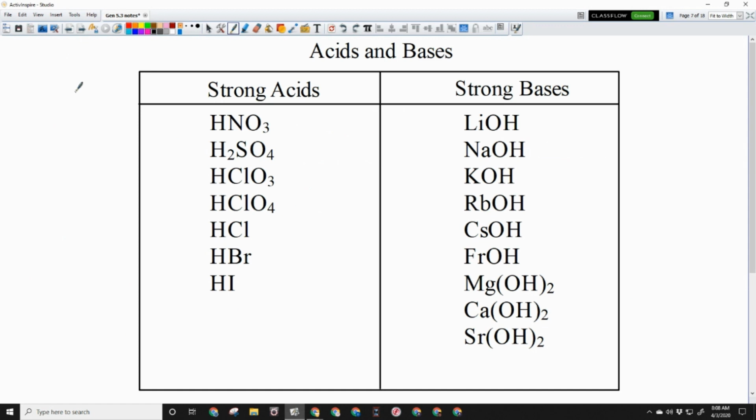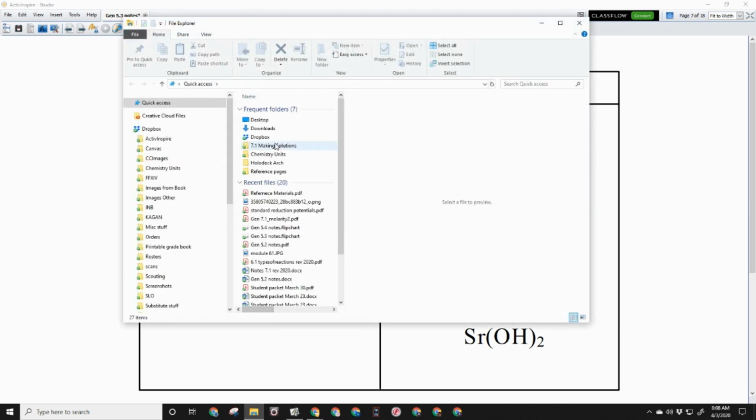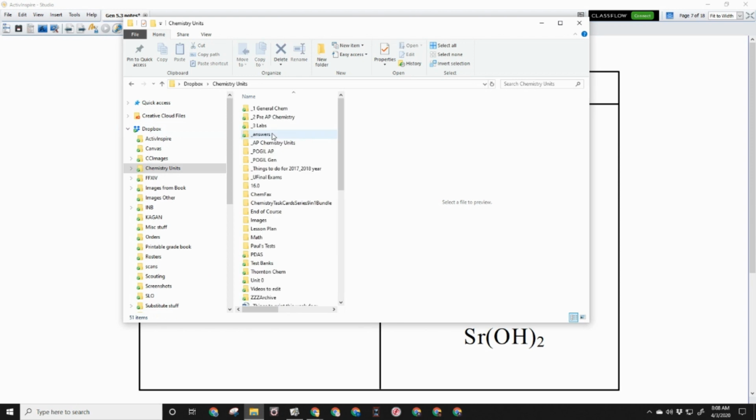Okay, and so we need to have a list of strong acids and strong bases. These are all of the acids that dissociate 100%, and these are all the bases that dissociate 100%. Now this list is in your reference materials, so let me bring that up real quick and show you where that is.